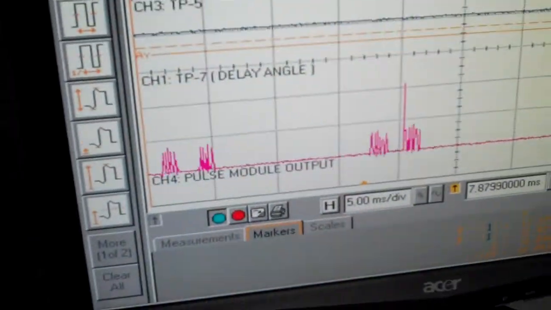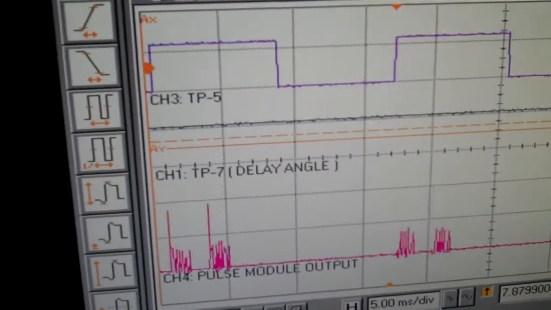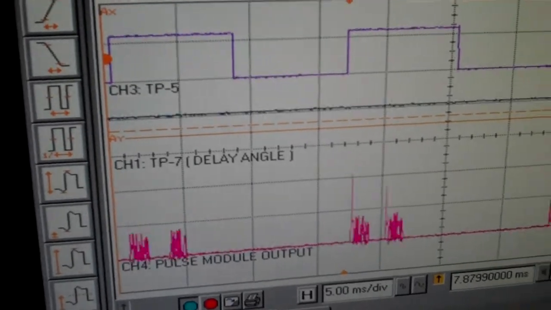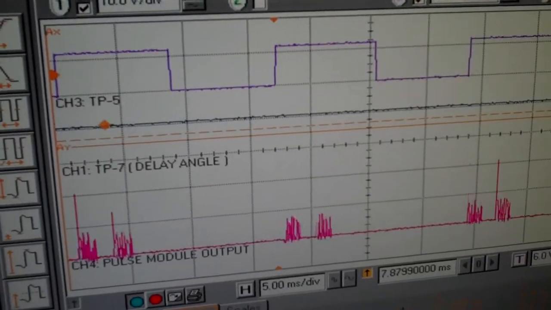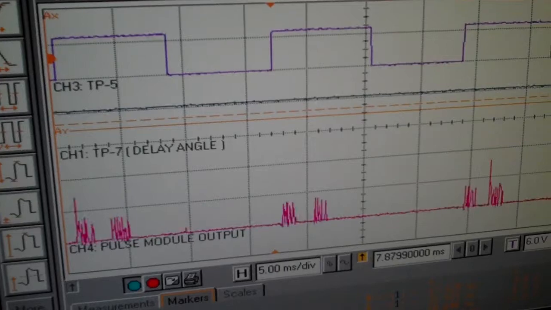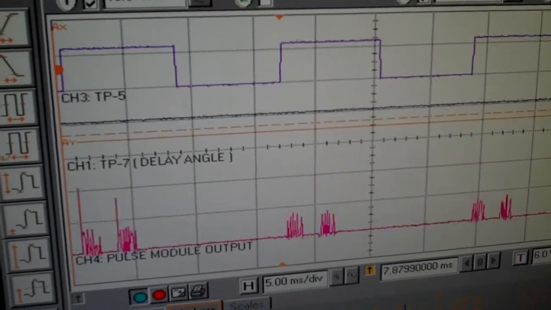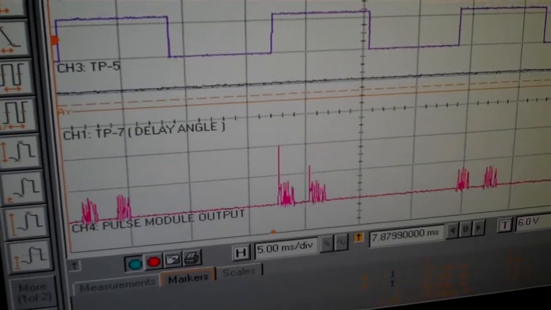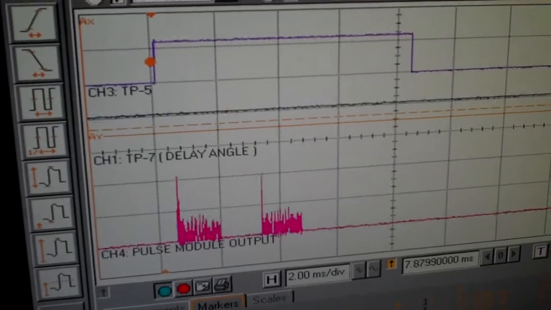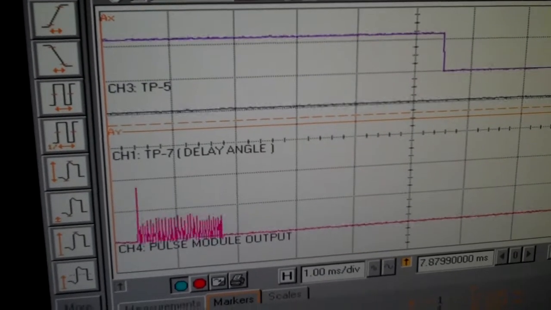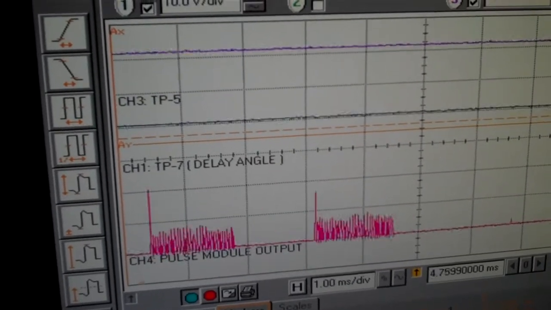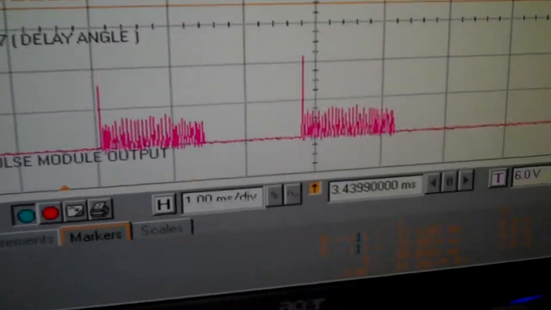We have 2 pulse trains that are 30 electrical degrees in length, separated by 30 degrees. We are at 5 milliseconds per division. So if we do this, we'll see the pulse string. I could come here and shoot the other one.